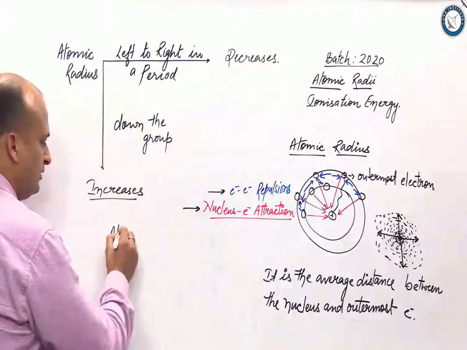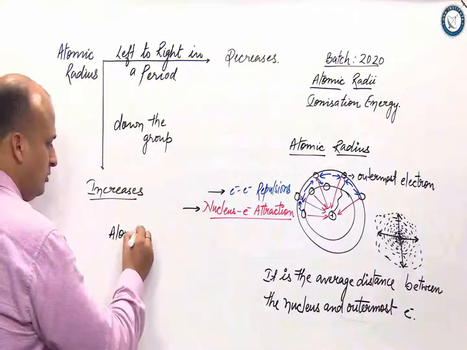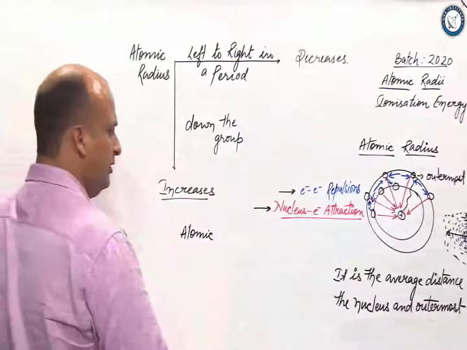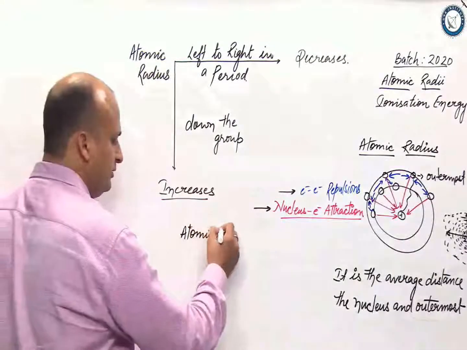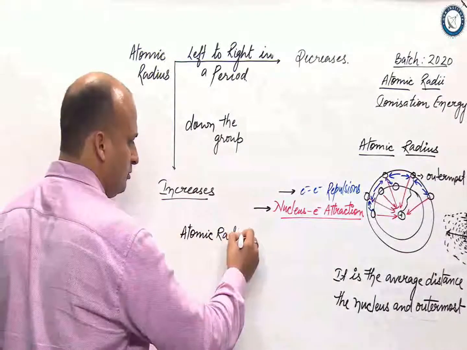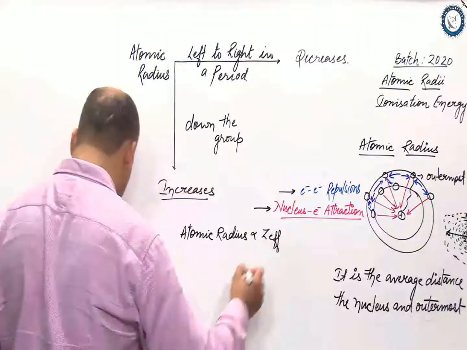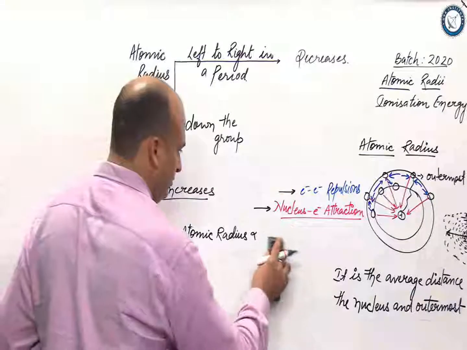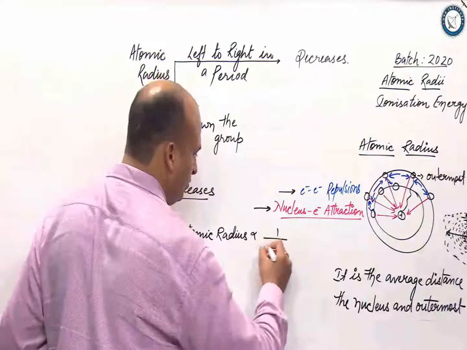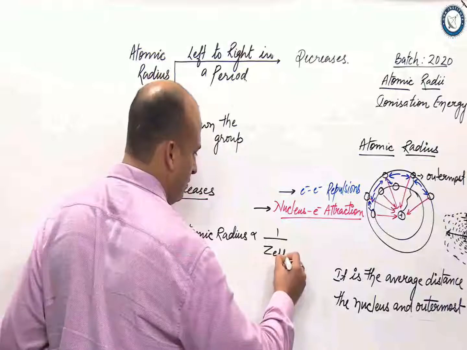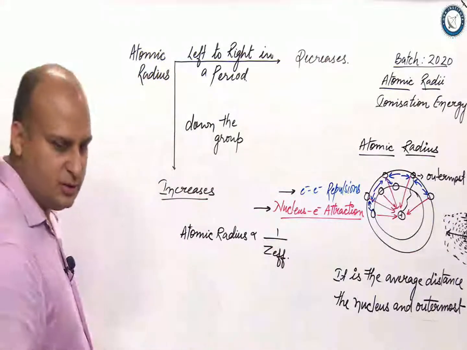Atomic radius is inversely proportional to Z effective. Now you will ask me, sir, what is this Z effective?